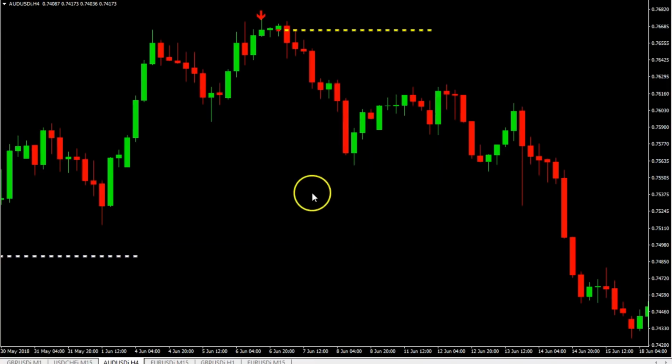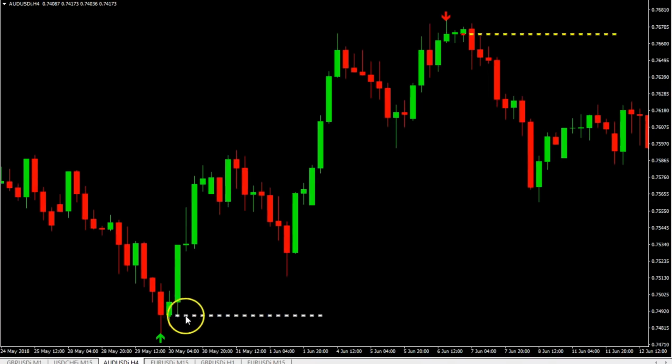Now here you can see the yellow dots. This is the resistance level. And then you see the white dots. This is the support level. The support level always starts with a green dot. There's a green dot here and then followed by white dots.